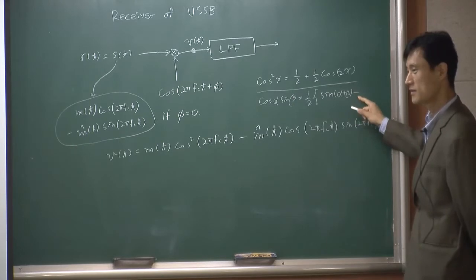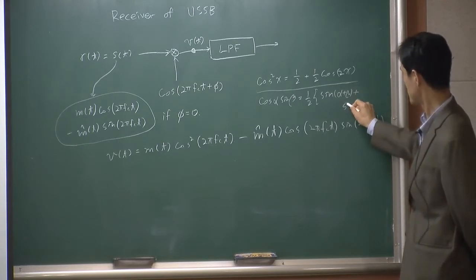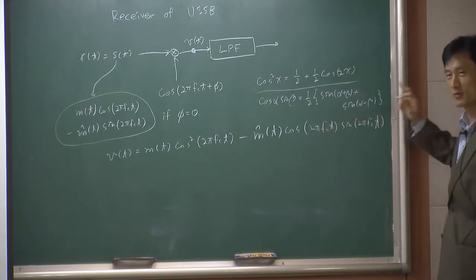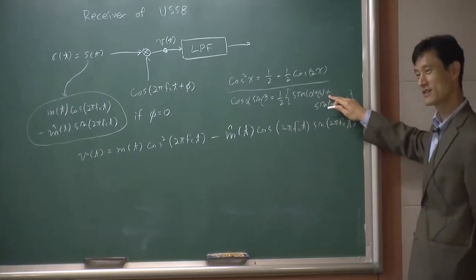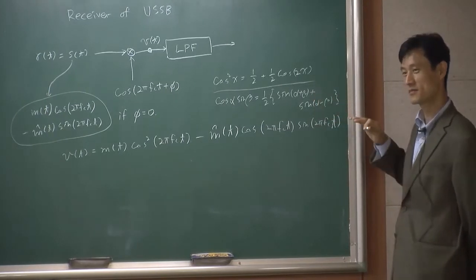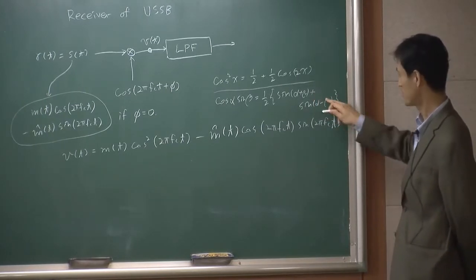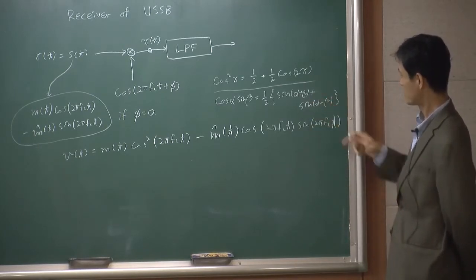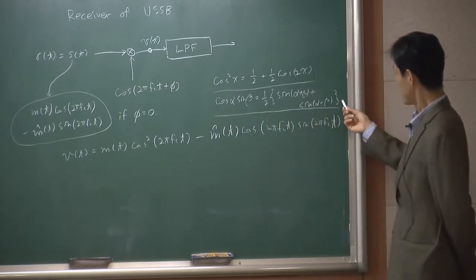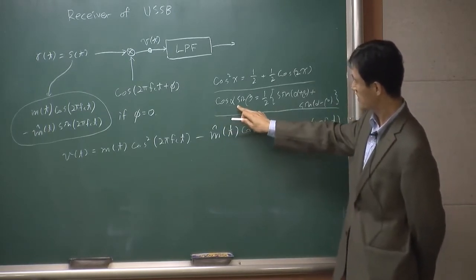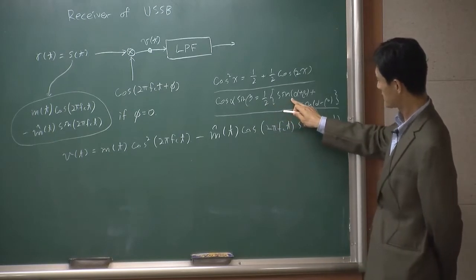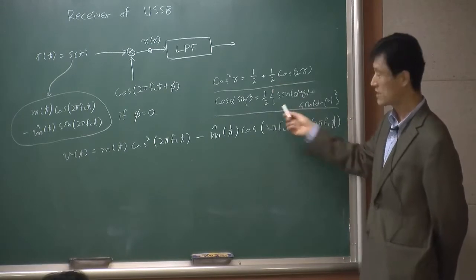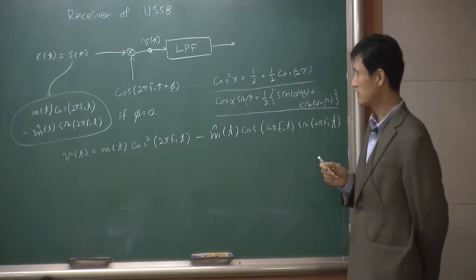I'm not sure, probably plus. This one may be minus. I don't remember exactly, but you can look it up in high school mathematics. This is not important for me. But the idea here is you multiply cosine and sine, then it's going to be sine plus sine. So I want to use these two trigonometric identities.